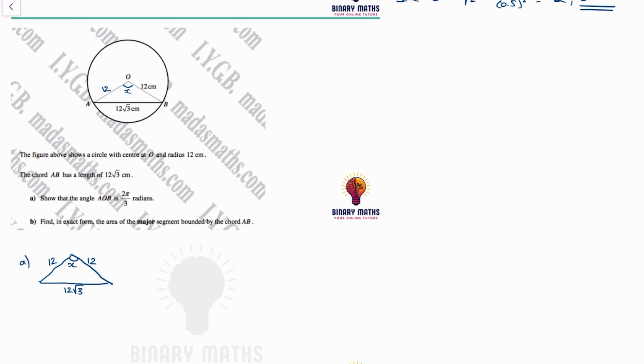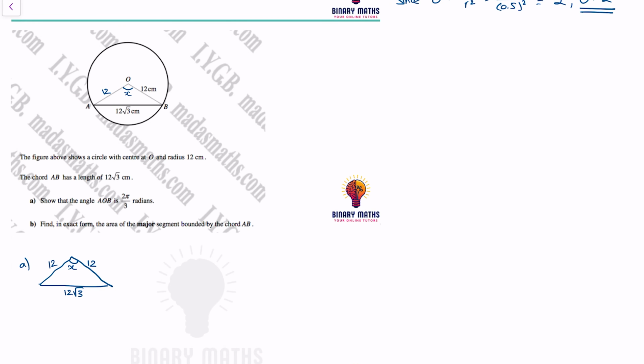Then I know I can apply the cosine rule. We're going to use the version of the cosine rule where we're trying to find a missing angle. So cosine A is equal to b squared plus c squared minus a squared all over 2bc. So in our triangle, this is cos x is equal to 12 squared plus 12 squared minus 12 root 3 squared all over 2 times 12 times 12.